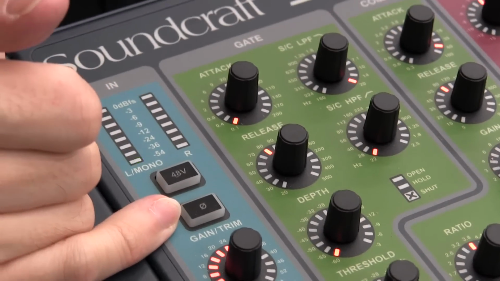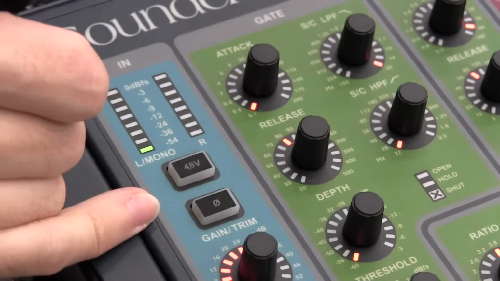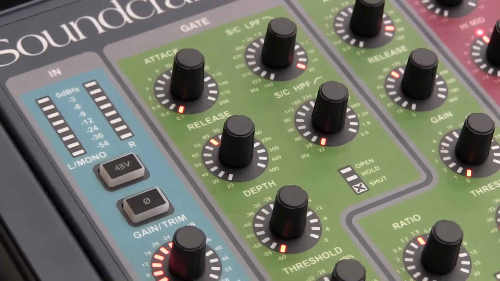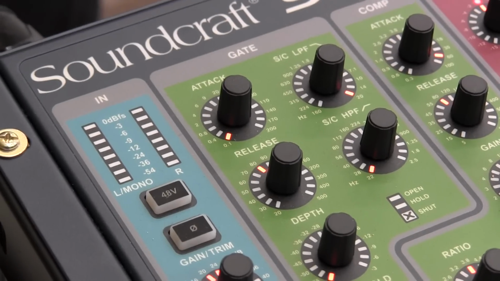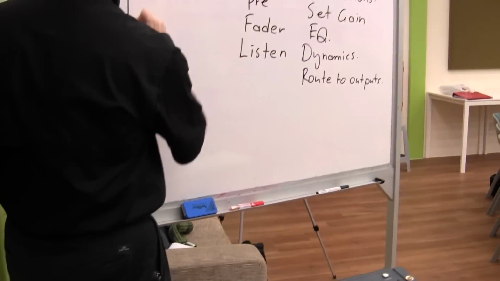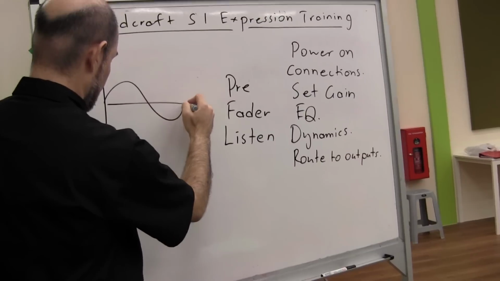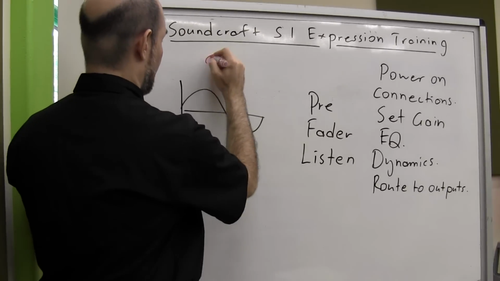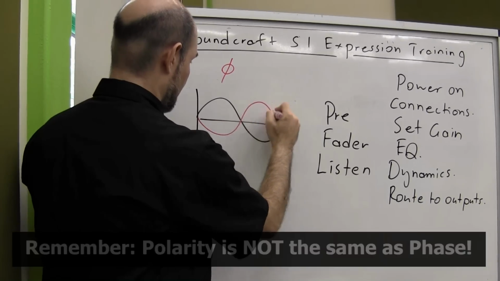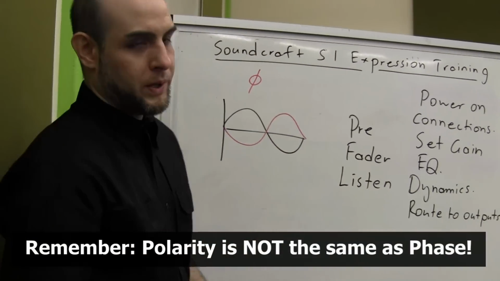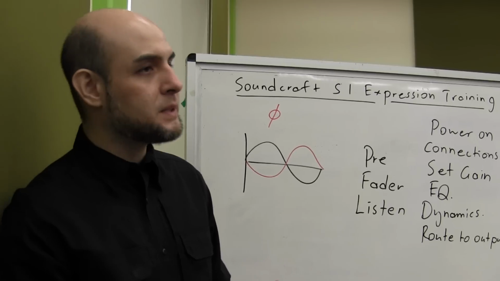This one is a polarity reverse, which flips the waveform upside down. If I were to draw it here, if that's your waveform there, when you hit your polarity reverse, it would look like that. And this is used where you have two mics on the same signal source.